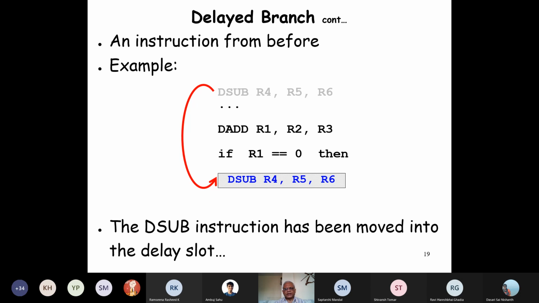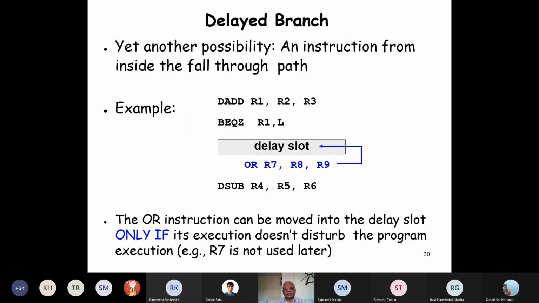But can we put an instruction from the fall through path? The one that is there sequentially after BEQZ, can that be in the delay slot? Yes, it can be in the delay slot if it does not affect the R7 register, that is, R7 is not used in the taken path. This is the not taken path. See the branch equal to 0, the sequentially succeeding instructions, this is the not taken path.